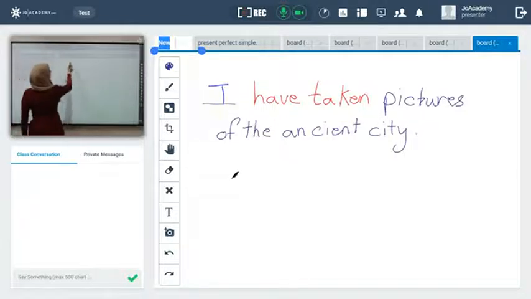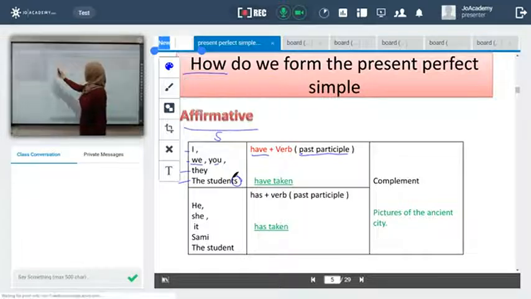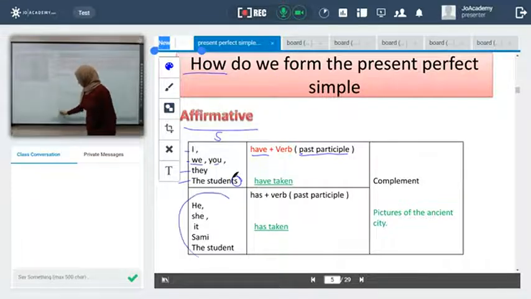Now, what about the other or the second group of subjects? He or she or it, or if we have a name of a person like Sami, or a proper noun like the student.